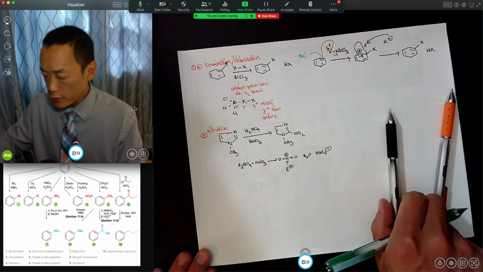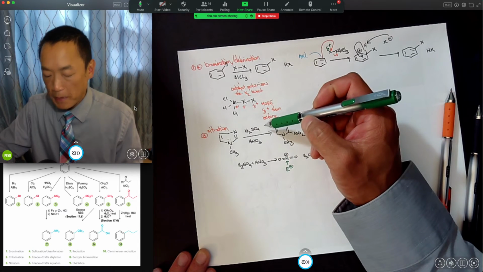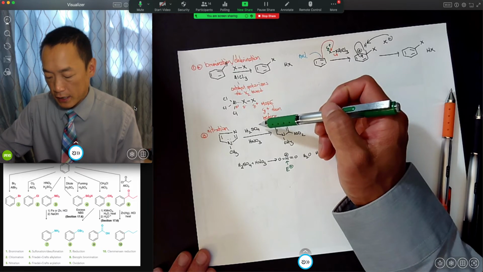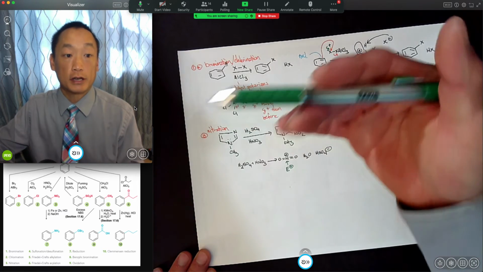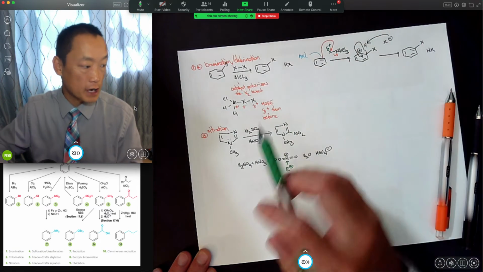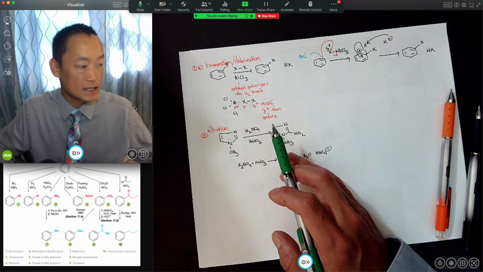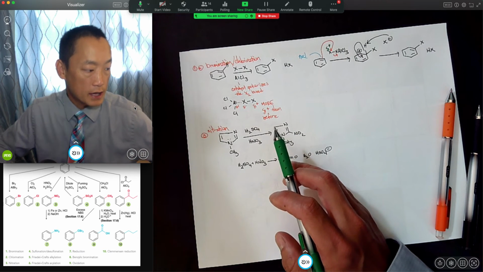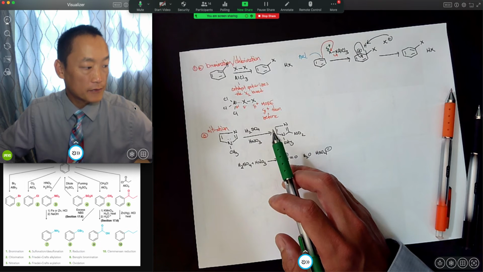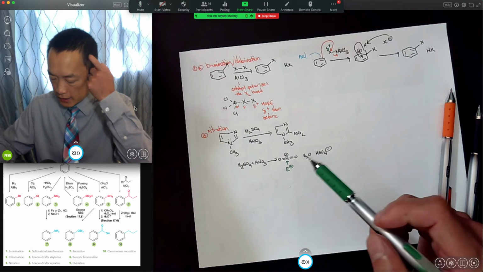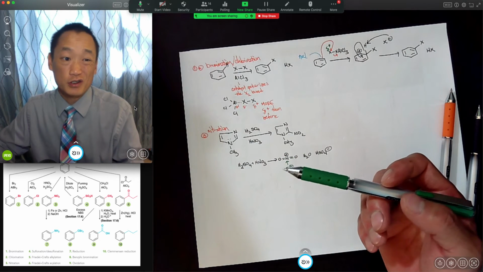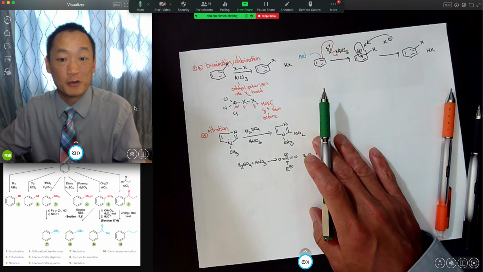And so by virtue of just a minute with me of saying, hey, if all these reactions that are electrophilic aromatic substitution reactions all proceed through the exact same reaction mechanism, that's good. And then if that's the case, then all I have to do is really show you what is the electrophile.